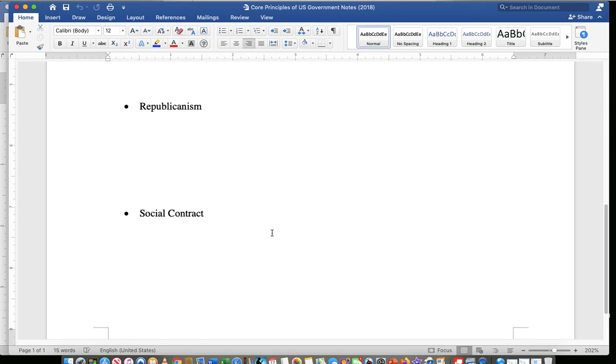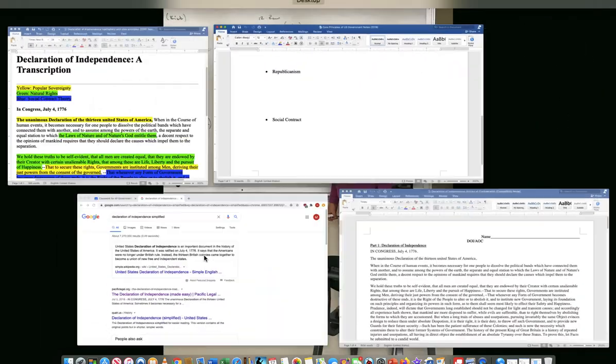We'll give up certain liberties, but you protect our life, liberty, and property. And with any kind of contract, if the government doesn't live up to its end of the bargain, then the people can break up with that government and form a new government that will protect life, liberty, and property. All right? Okay, so remember those because they're going to come into play in a second here.